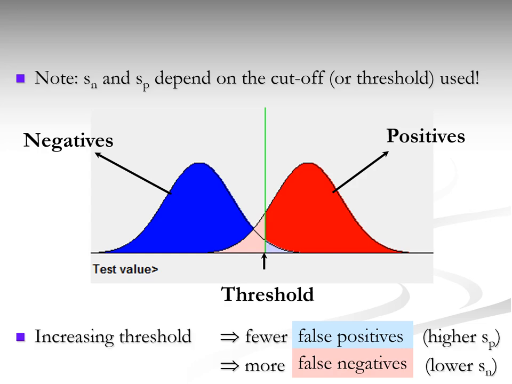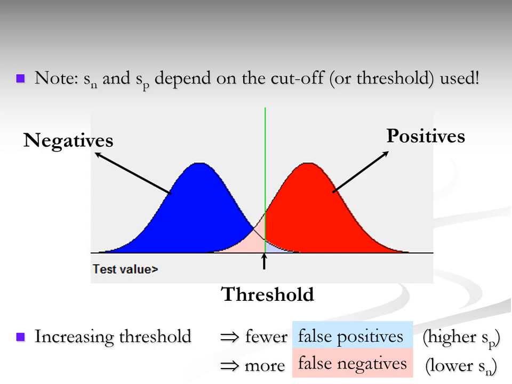Note that by increasing the threshold, so by moving the green line to the right, the number of false positives will become smaller. So this means that the specificity that is found in that study will become higher. At the same time, there will be more false negatives.